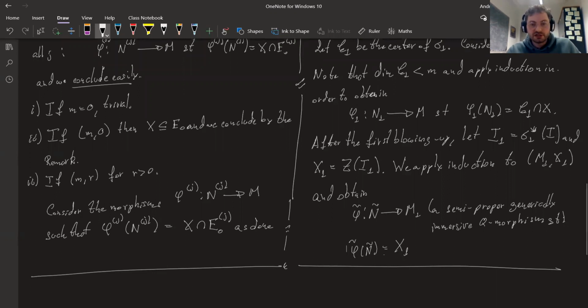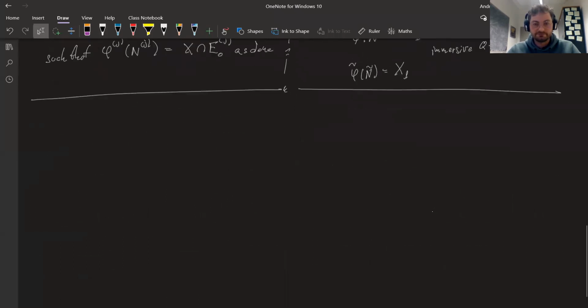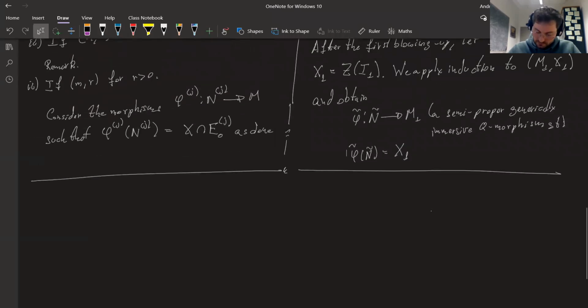So we need to change this morphism a little bit. We need to choose phi tilde in such a way that we find the correct one, the one that is going to give us exactly X.